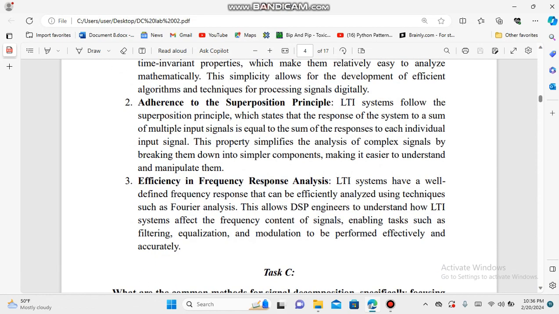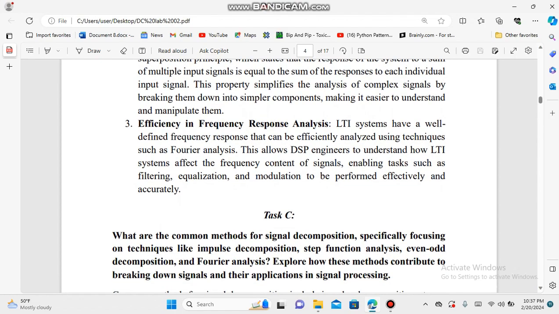The last one is efficiency in frequency response analysis. LTI systems have a well defined frequency response that can be efficiently analyzed using techniques such as Fourier analysis. This allows DSP engineers to understand how LTI systems affect the frequency content of signals, and enables tasks such as filtering, equalization, and modulation to be performed efficiently and accurately.